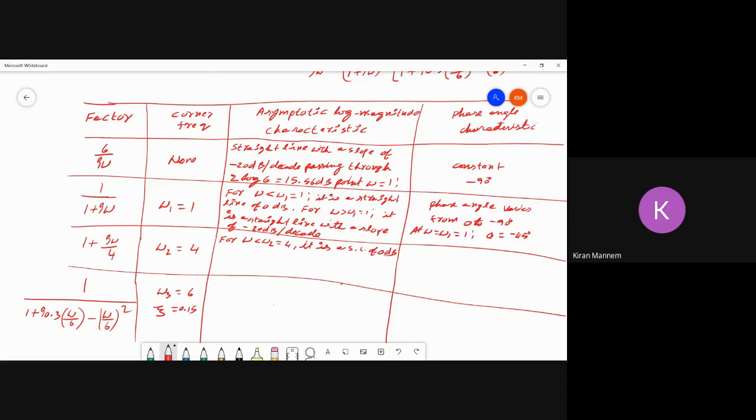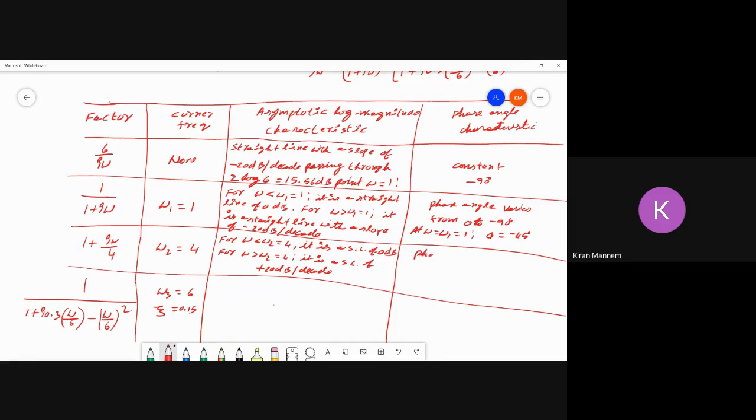Right. For omega greater than omega 2, that is after 4, again it is a straight line of plus 20 dB per decade. Okay. So what's the phase angle here?